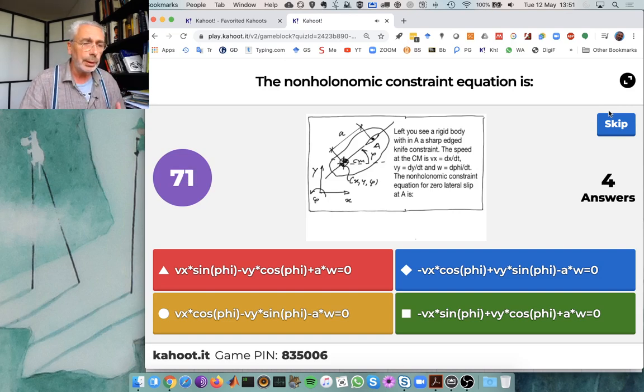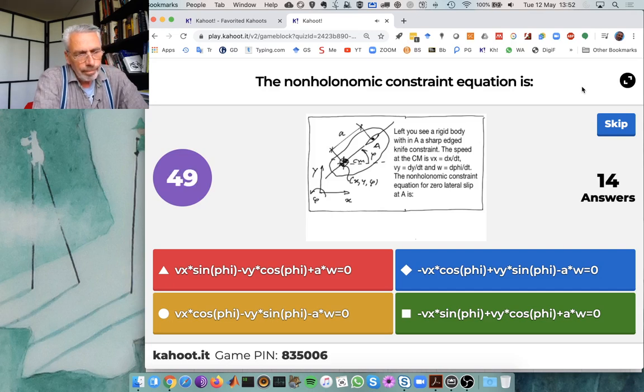The big question is, what is exactly the non-holonomic constraint in A such that there is no lateral velocity? Take your time, scribble on a piece of paper, write down what the speed of point A is, and you'll find the correct answer being one of these four colors.